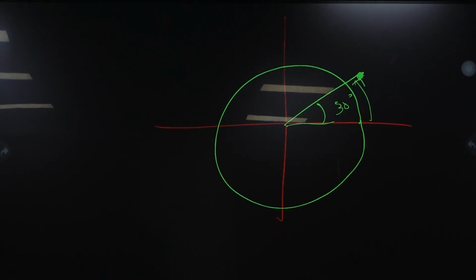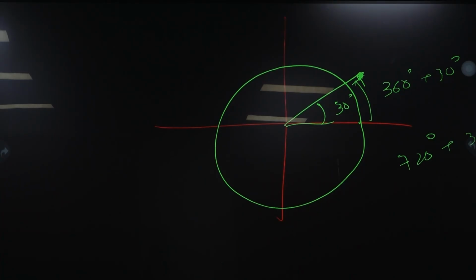When you calculate the angle to be 30 degrees, it could be 30, or 360 plus 30, which is the same complex number, or it could be 720 plus 30 degrees, right?